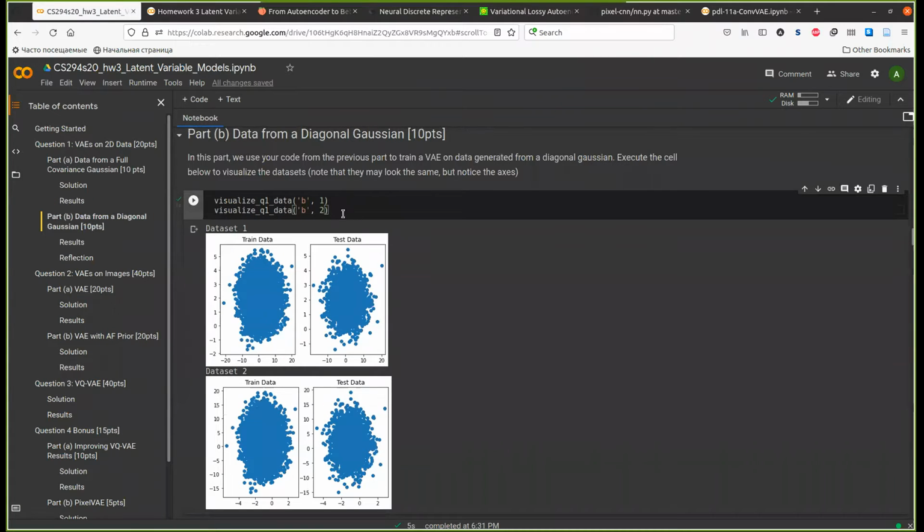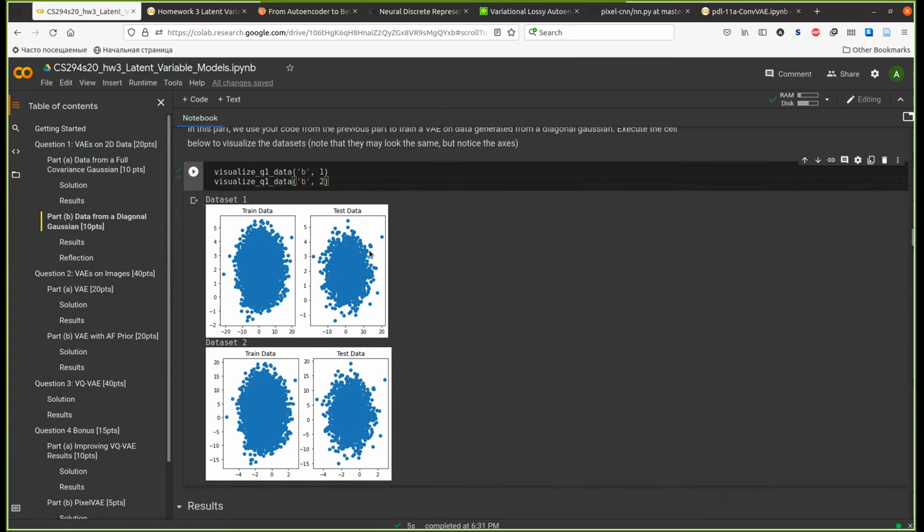And now we will try to model a distribution with a diagonal covariance matrix, right? So here you can see that we have just some distribution with diagonal covariance matrix, right? So the x's and y's here on the plot are uncorrelated, right?